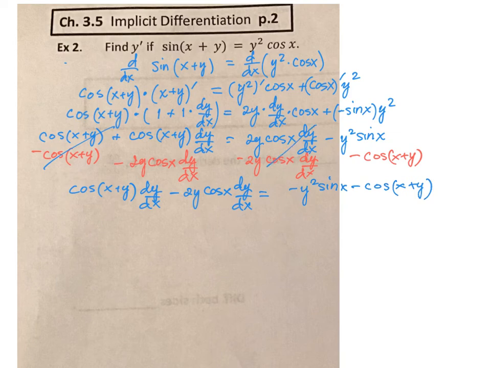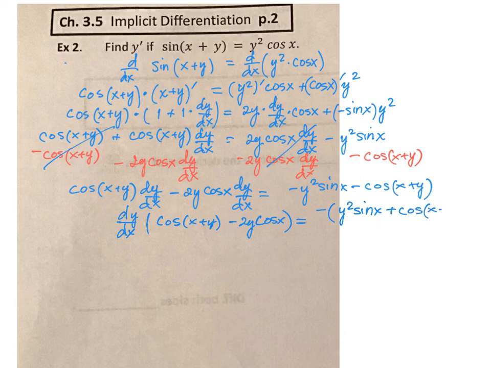So now I can factor out the dy/dx. When I take dy/dx out, I have dy/dx times (cosine of (x plus y) minus 2y cosine of x) equals, and take out the negative 1, so I have y squared sine of x plus cosine of (x plus y).